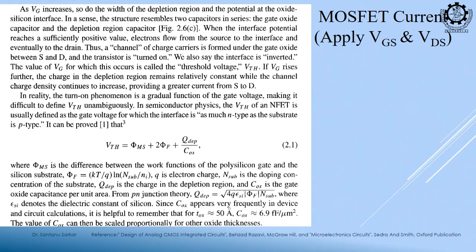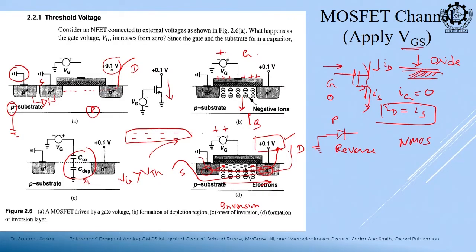So, this threshold voltage that we termed is the minimum voltage after which the channel is inverted. This depends on the work function difference of the gate and the source and drain region, and the Fermi voltage, twice phi f. The oxide will also contribute: in the oxide Q is equal to C V, or V is equal to Q by C. Because of the oxide it will also offer some voltage.